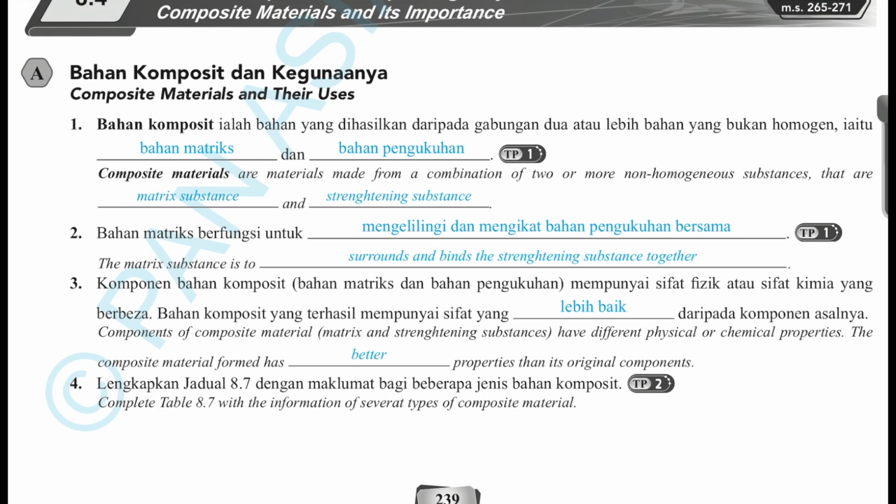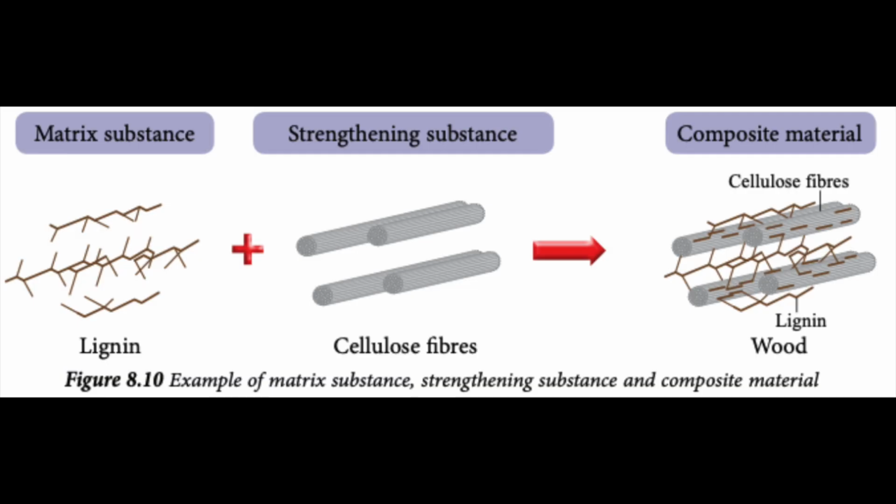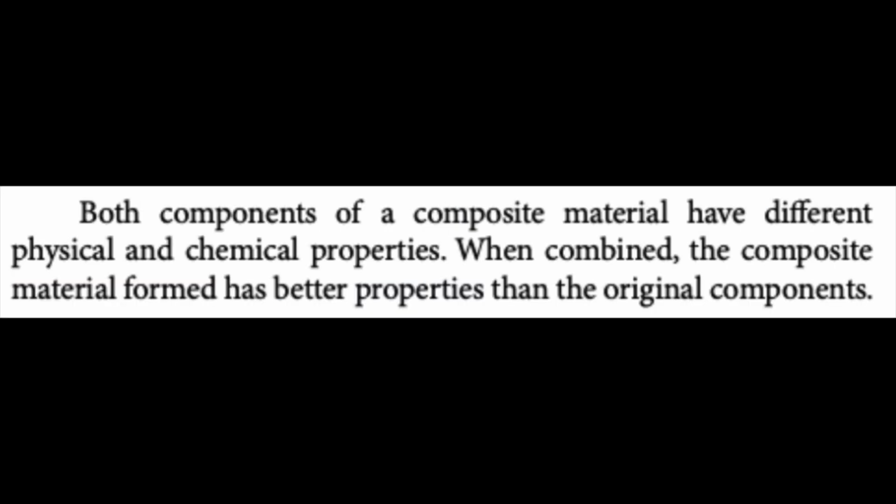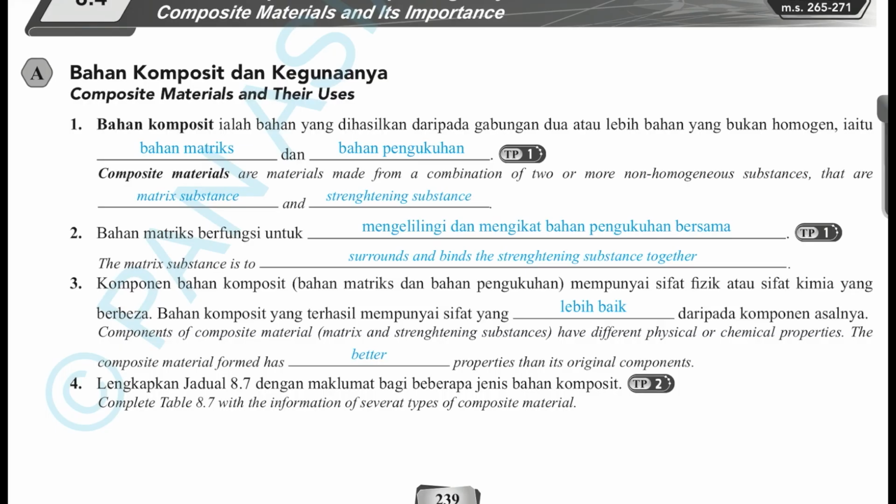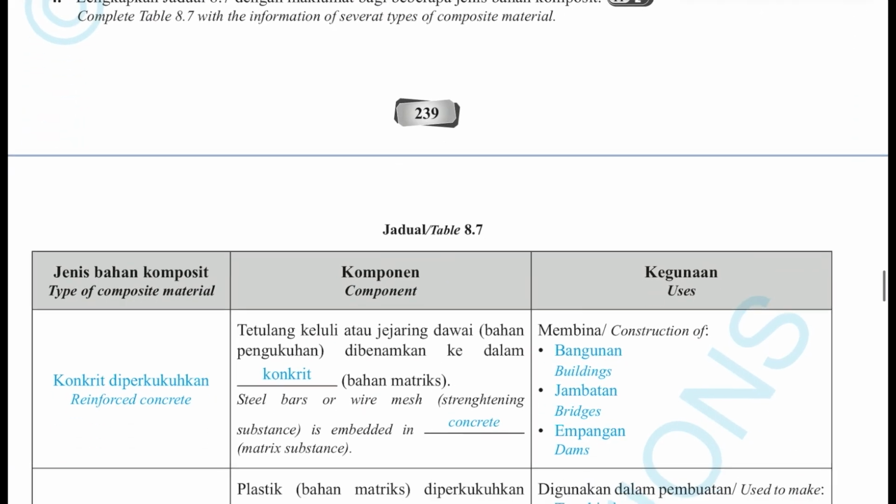Components of composite material, matrix and strengthening material have different physical or chemical properties. The composite material form has better properties than its original component. Okay, I give you an example.